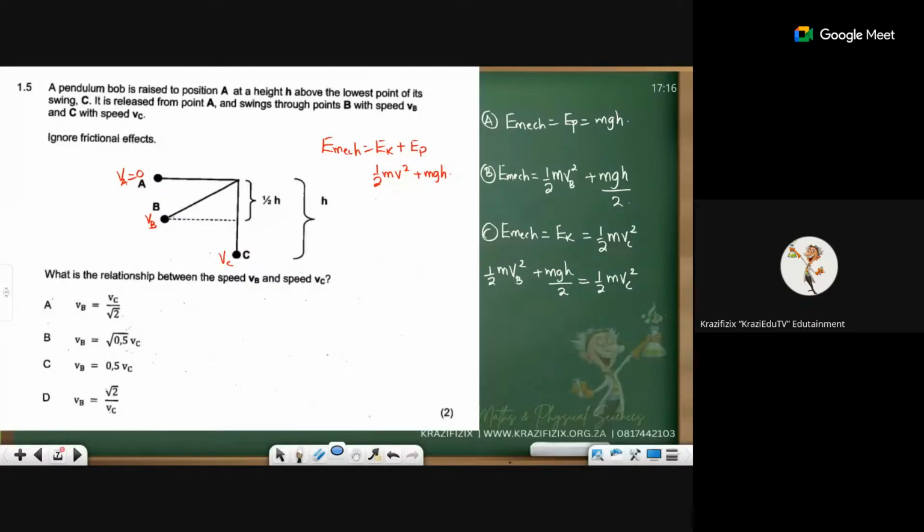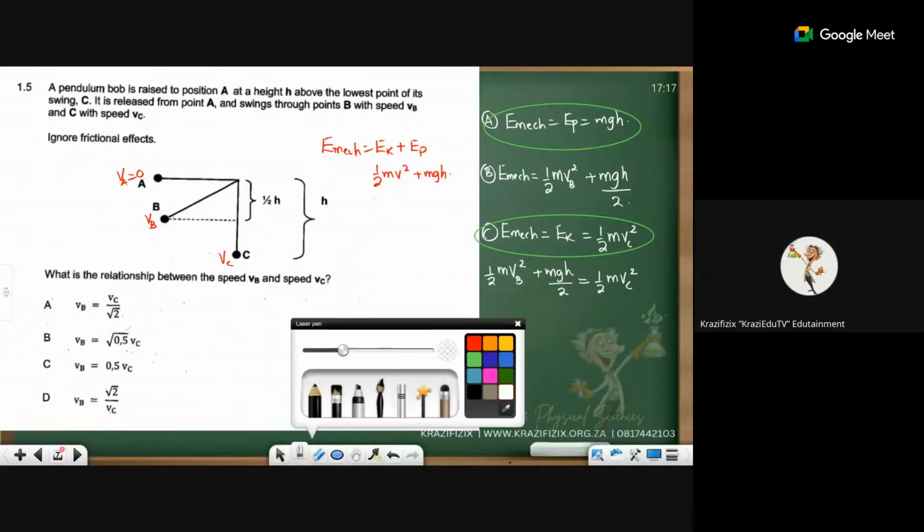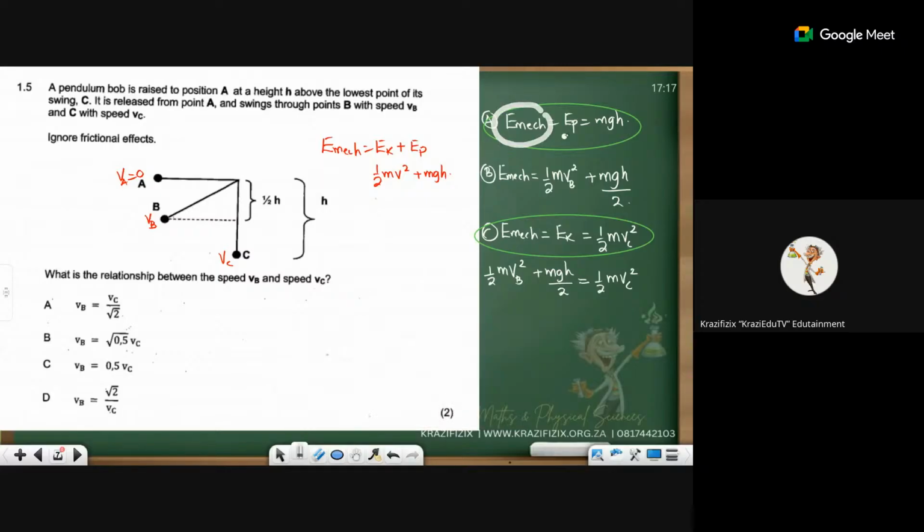But before I cancel, I want you to see the little secret here. This one here is perfectly the same as this. They are both mechanical energy. The same mechanical energy is equal to that. So I want to get mgh, and instead of writing mgh, I'm going to put this there.